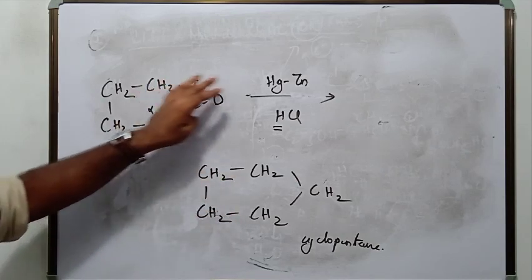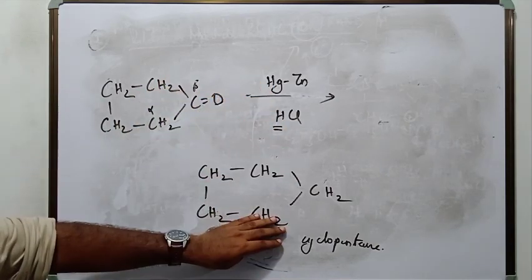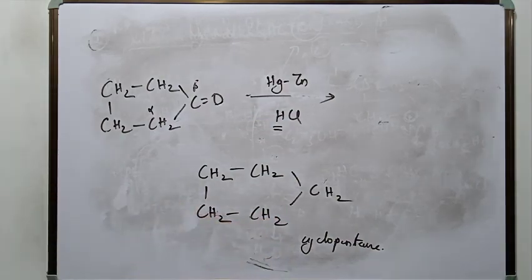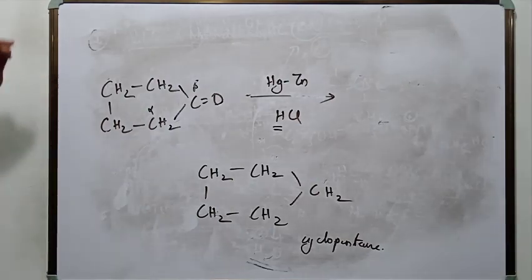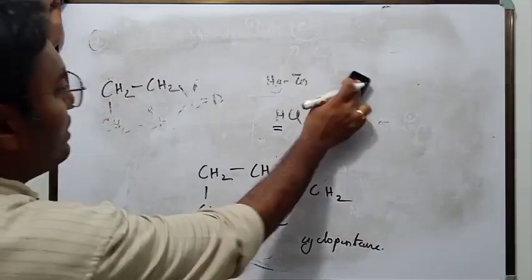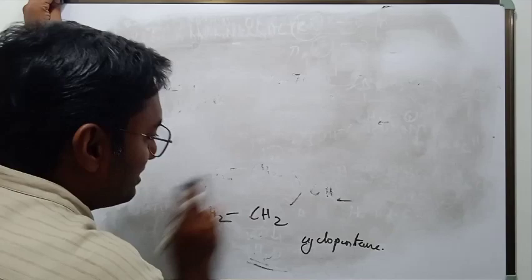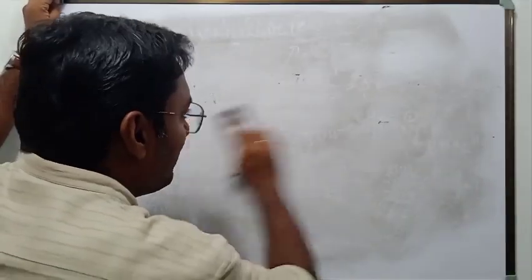It is carried out with zinc amalgam in HCl, and here we get cyclopentane. So that is the Dieckmann reaction. I hope you understand the Dieckmann reaction, which is a very important reaction.